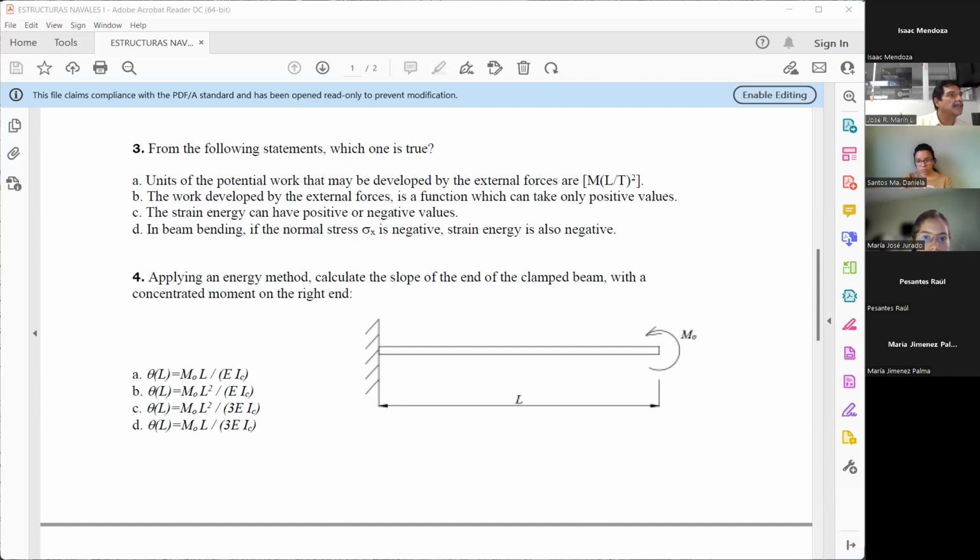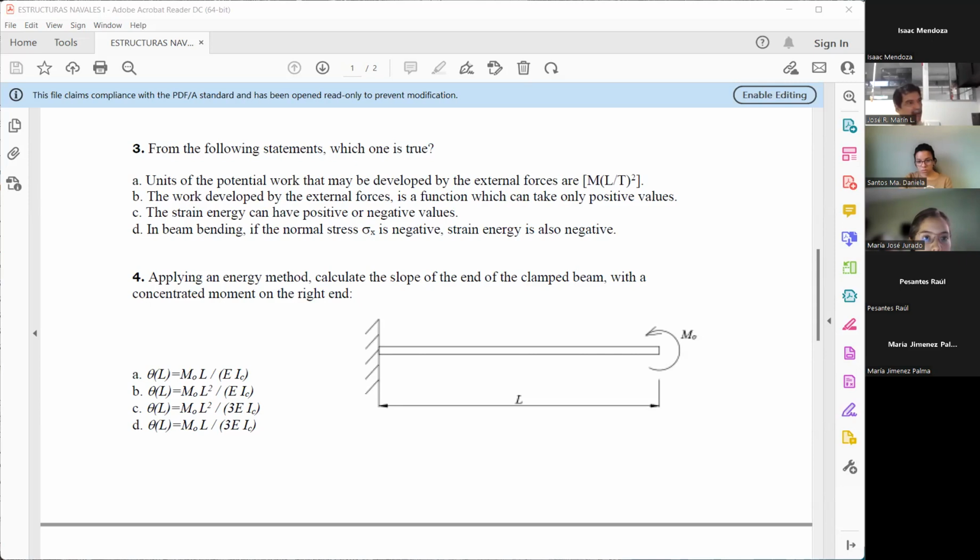First, I see the boundary conditions of this beam, and then I do the equation, but I am confused.